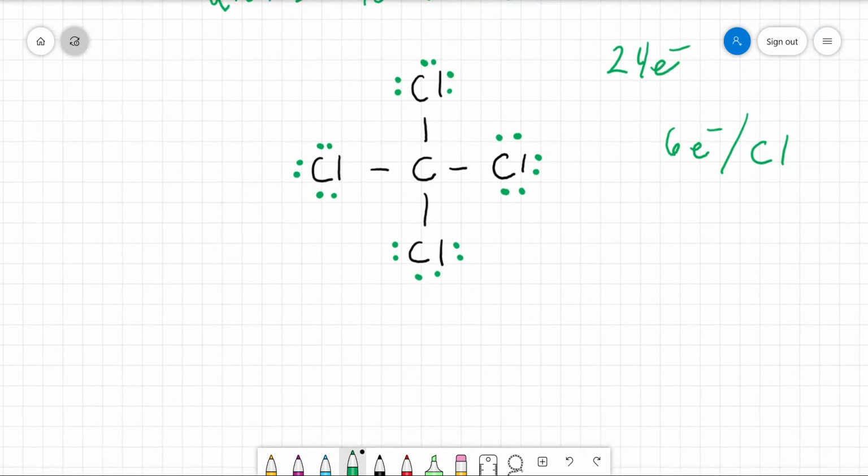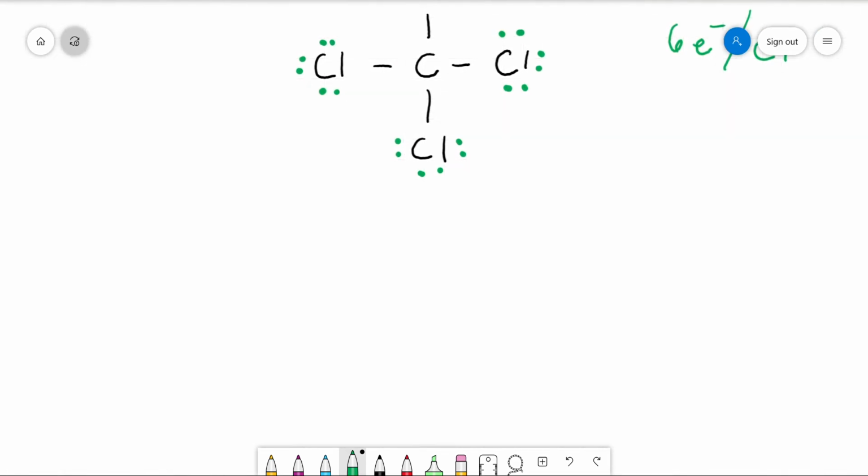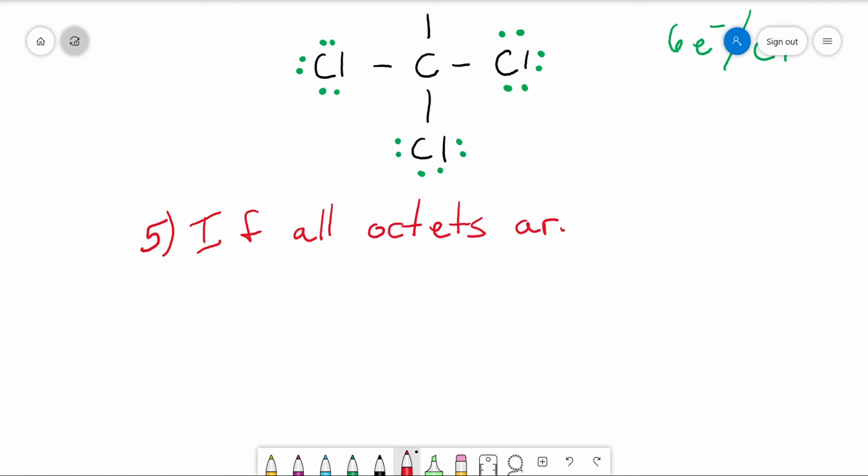Now, step number 5. If all octets are full, then stop.